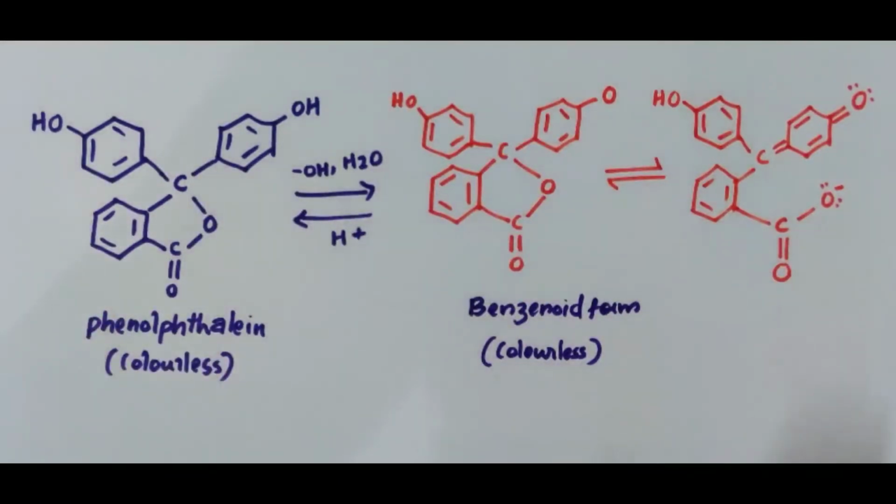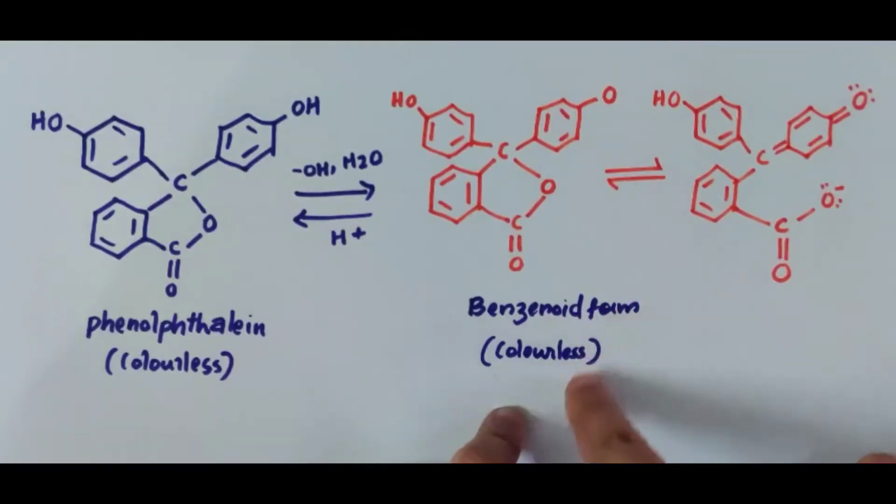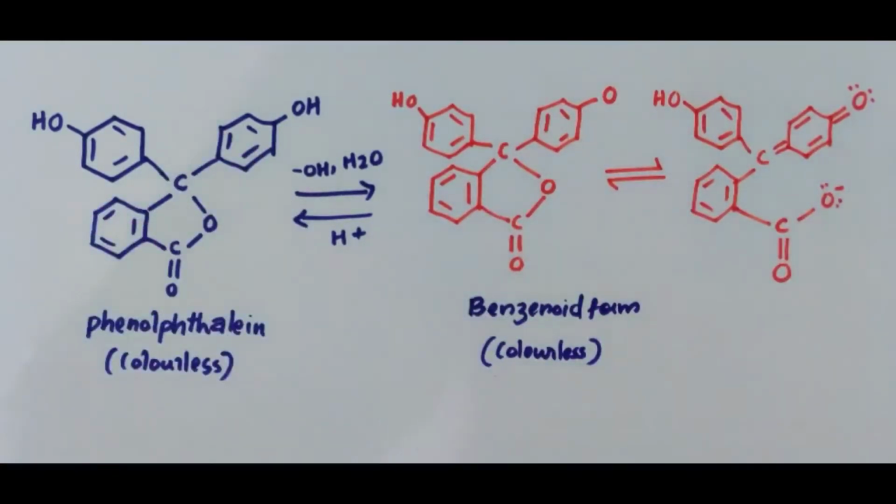Below 7 is acidic in nature. The colorless nature is due to the benzenoid form.